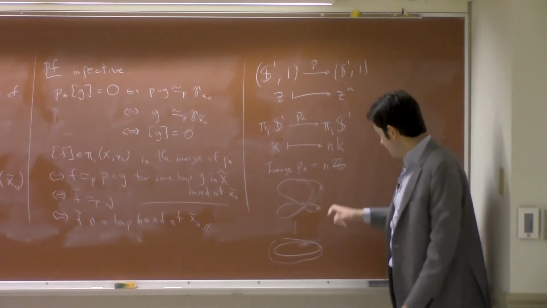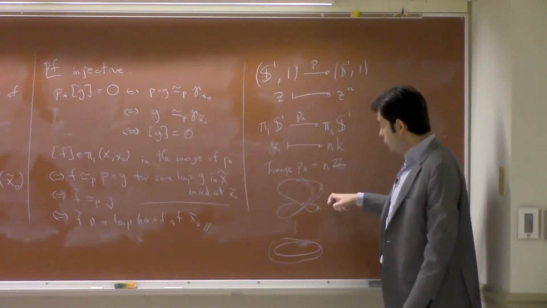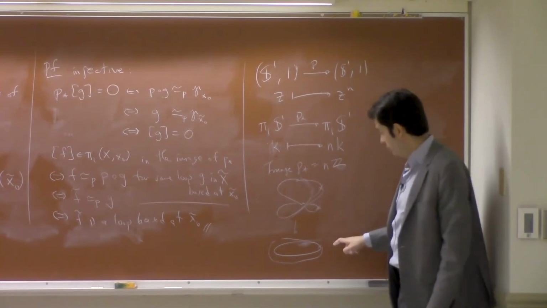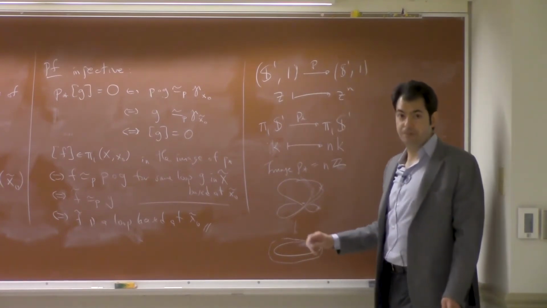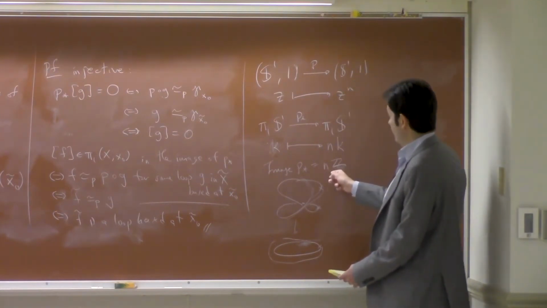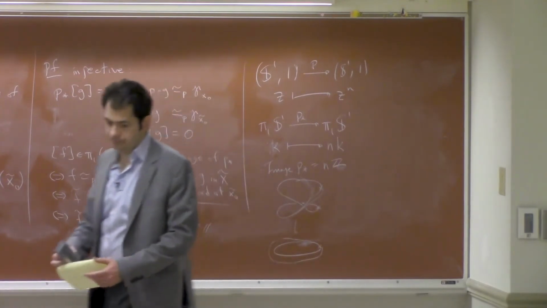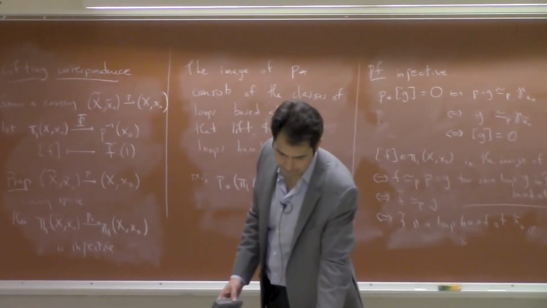So you can see that the loops down here that lift to be loops up here are precisely the ones that go an even number of times around, right, which is exactly this image.